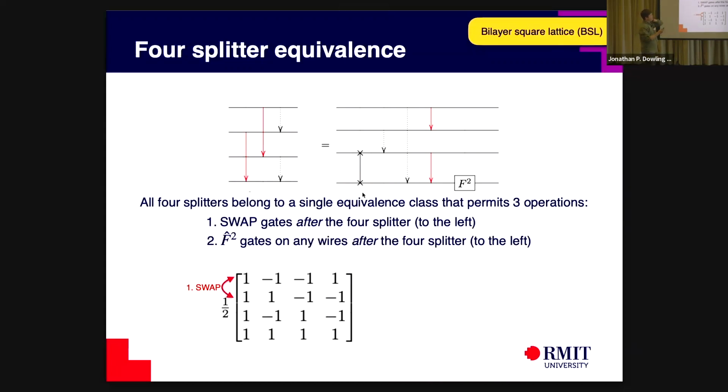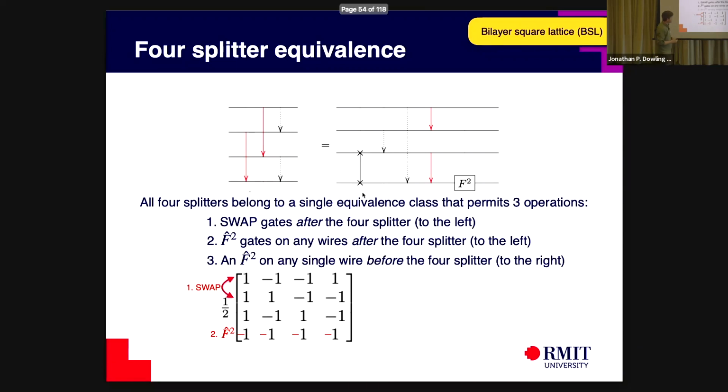F squareds on wires after the 4 splitter multiply rows by -1 in the unitary matrix. And F squareds before the 4 splitter, or to the right over here, multiply columns by -1. So using these operations, which are simple to do in this framework, and can be mostly done with post-processing, we can convert one 4 splitter to another 4 splitter.